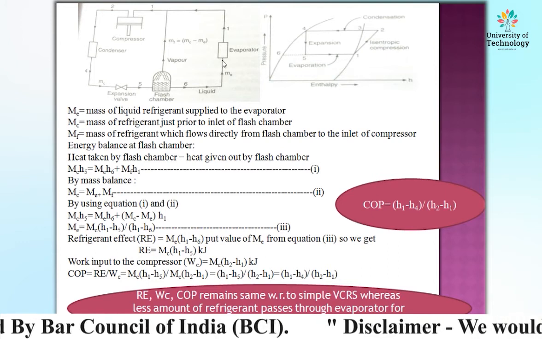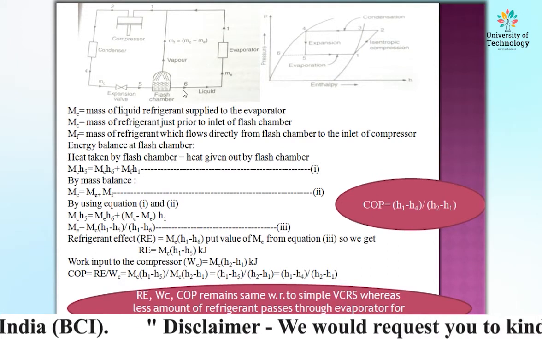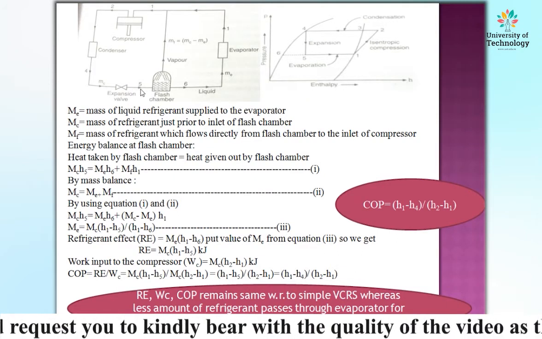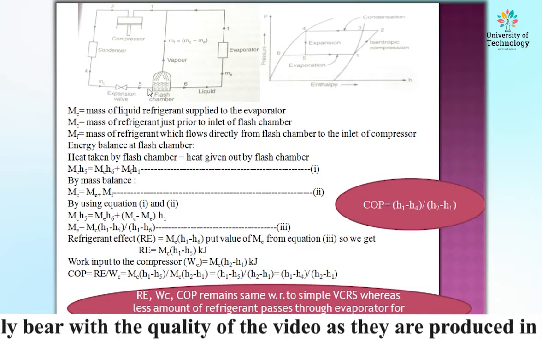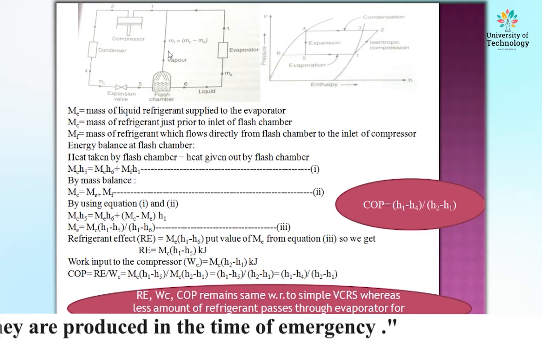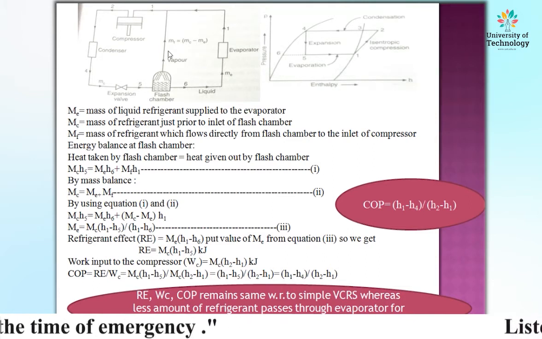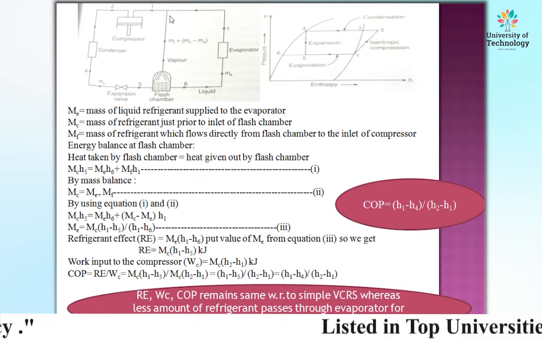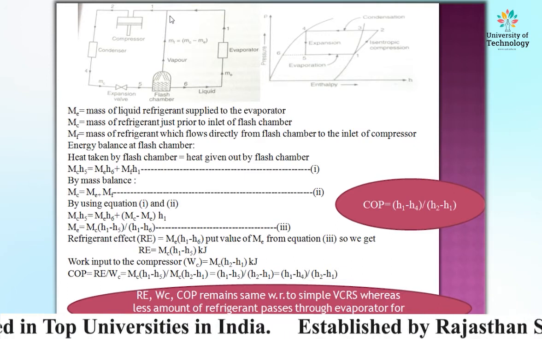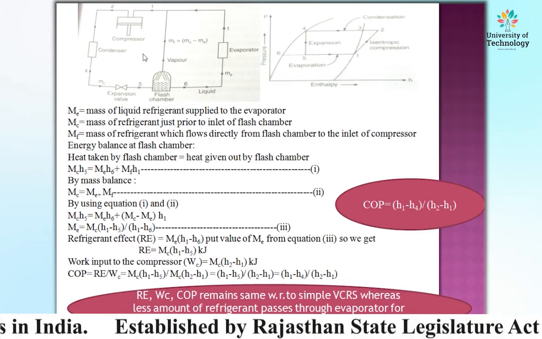Then what is MC? MC is the mass of refrigerant just prior to the inlet of the flash chamber. MF is the mass of refrigerant which flows directly from the flash chamber to the inlet of the compressor. Now, at the flash chamber, there are 3 points, 1, 5 and 6.